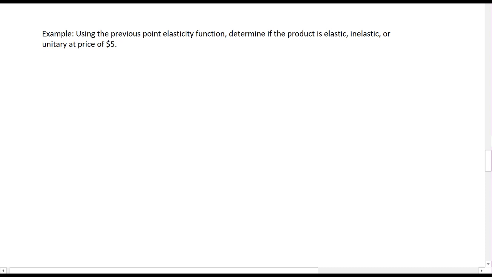If something is elastic, this is how you're going to know. If your point elasticity function, once you plug in that price, ends up giving you a value that's greater than 1, then that means that the product, the demand, is going to be elastic.